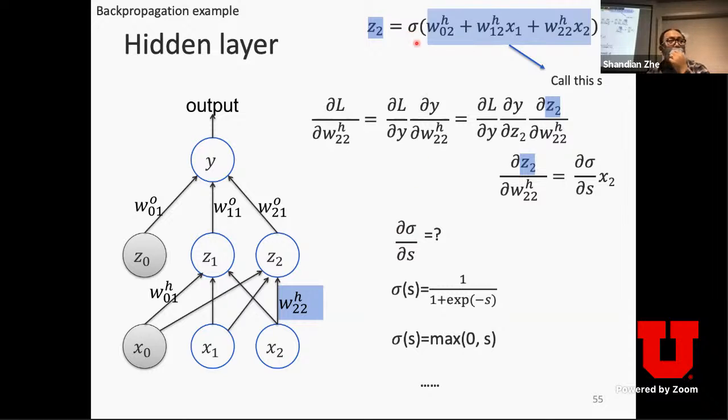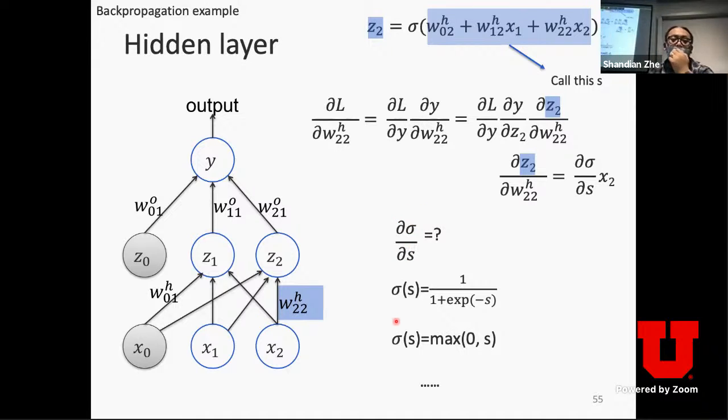As we mentioned before, we have a lot of choices. You can choose the Sigmoid activation function, you can use ReLU, you can use tanh, you can use sine function, whatever. And different activation functions correspond to different partial derivatives here.